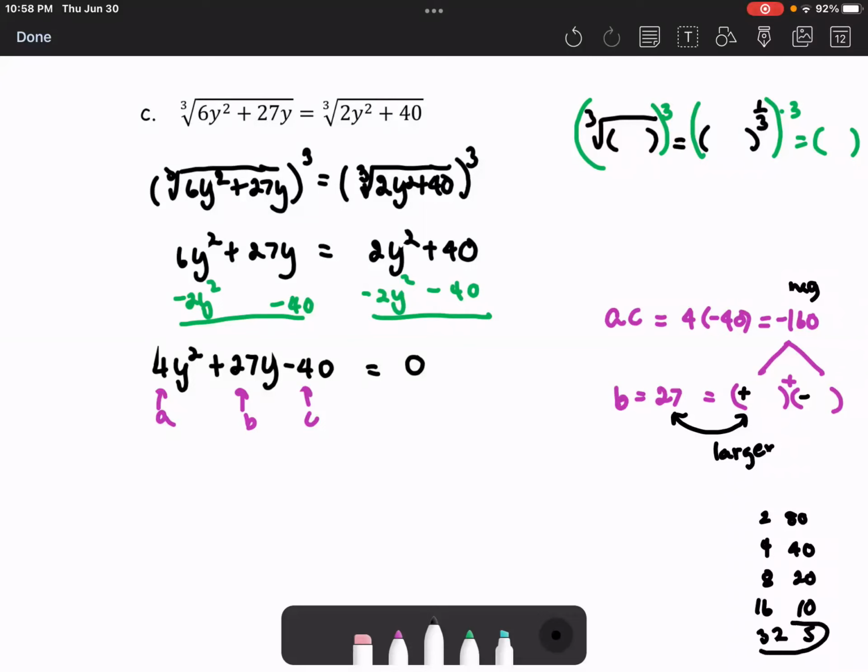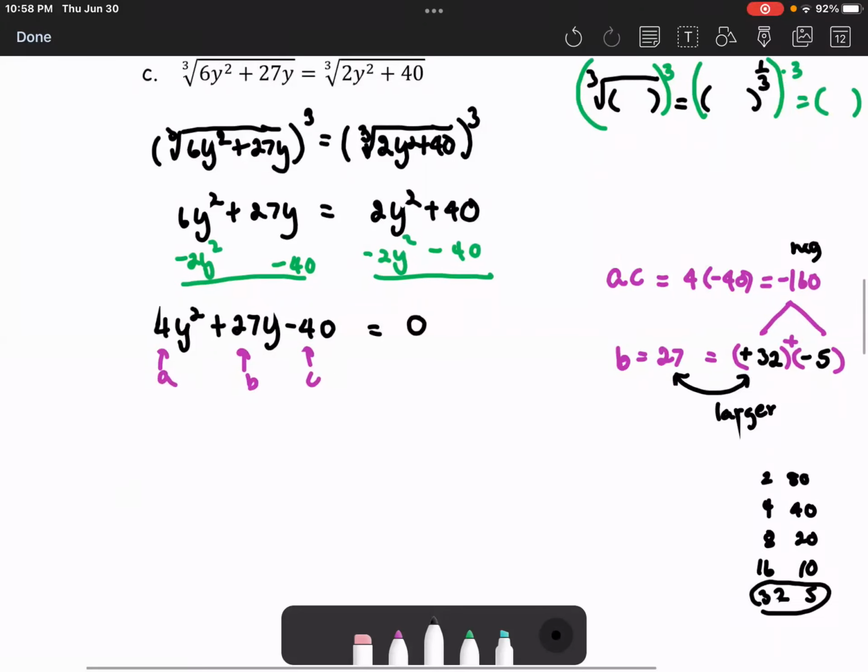Looks like 32 and 5 is the right pair. So we have positive 32 minus 5. So the sum is 27. Next, we're going to use the grouping technique by breaking this into 4 terms and then regrouping them.